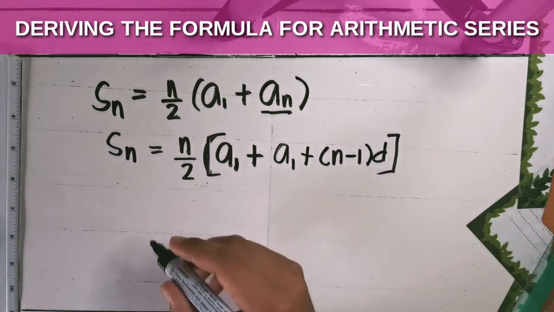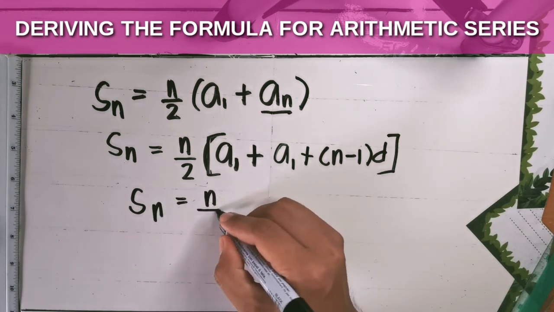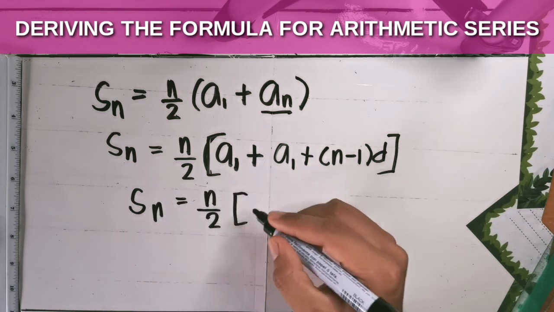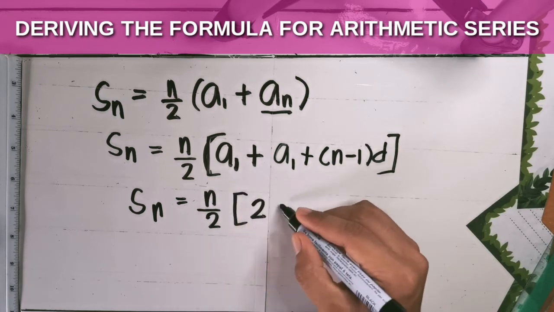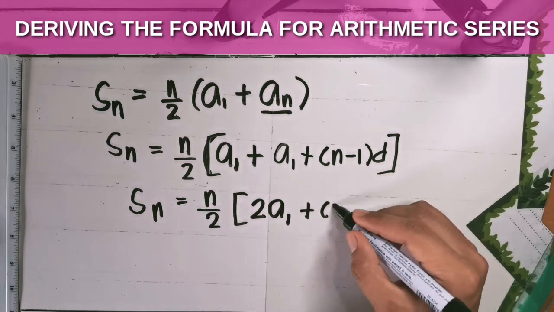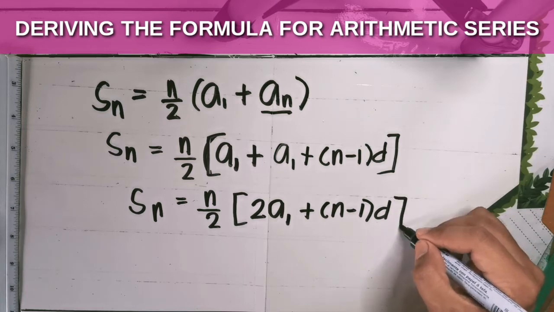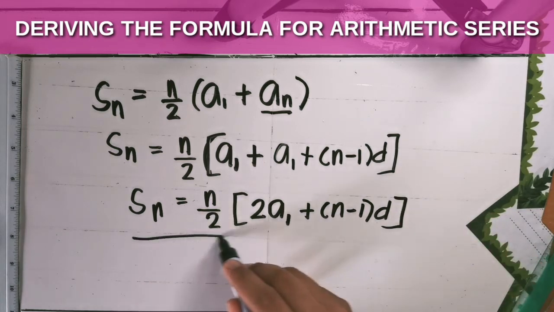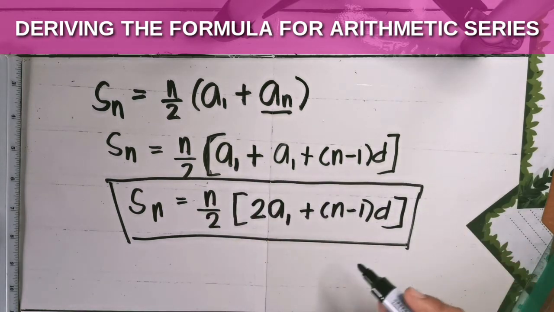Now, let's simplify that. So, s sub n is equal to n over 2 times a sub 1 plus a sub 1 ay 2a sub 1 plus the quantity of n minus 1 times d. This is the formula of the sum of arithmetic sequence, or formula to get the arithmetic series.